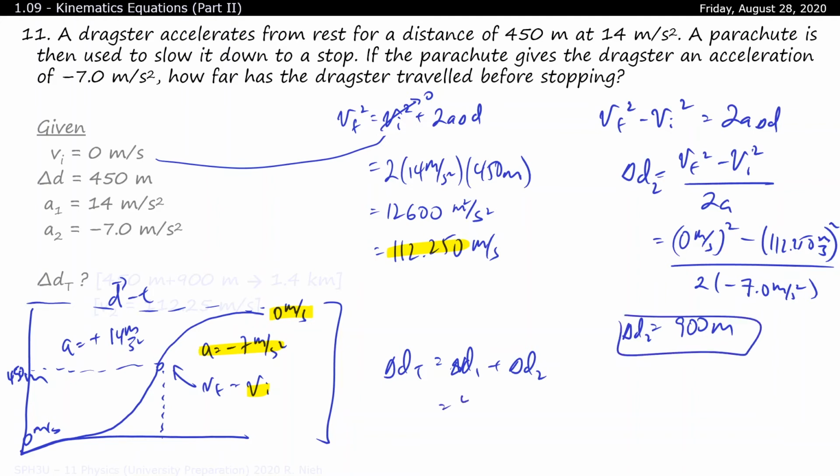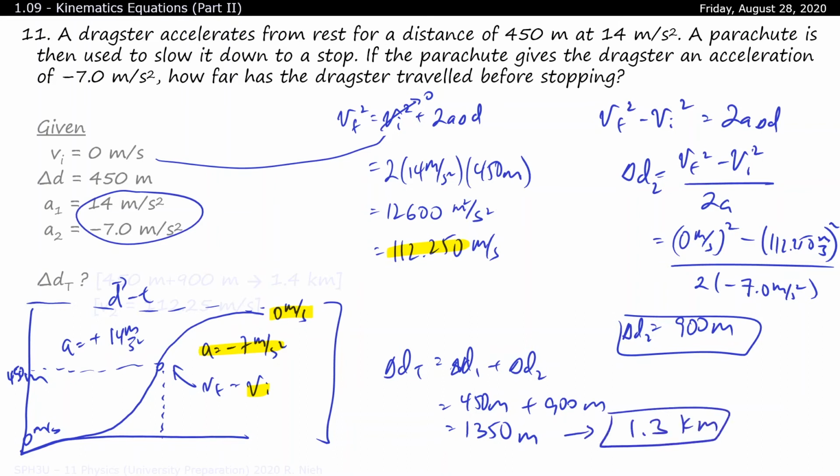So our first displacement was 450 meters. We add an additional 900 meters on top, and that works out to 1350 meters. Looking at our givens, the worst case scenario is 2 sig fig. Our final answer should just work out to 1.3 kilometers. Whoops, not 1.3, 1.4 kilometers. When it's odd, you round up. It's only even when you round down.